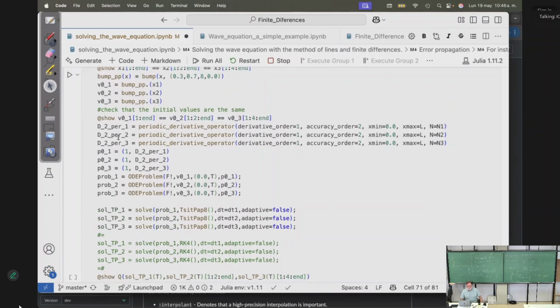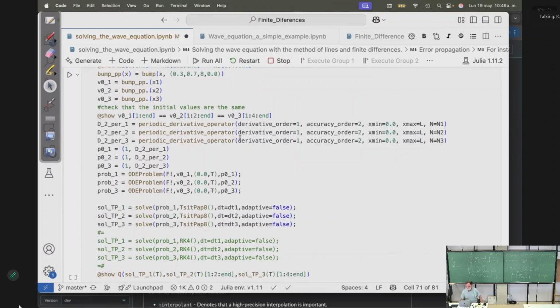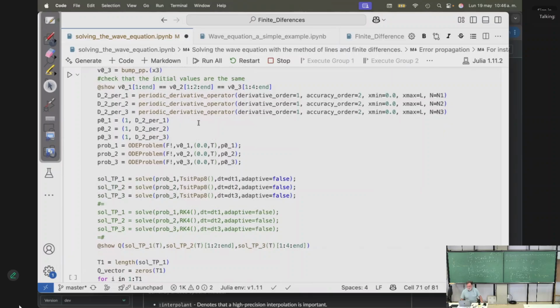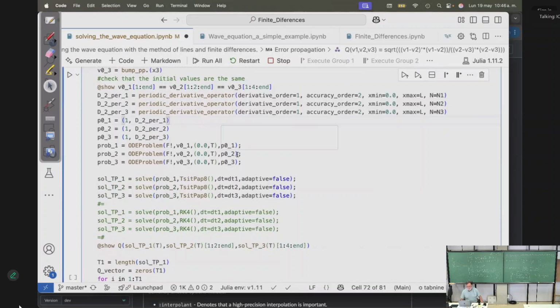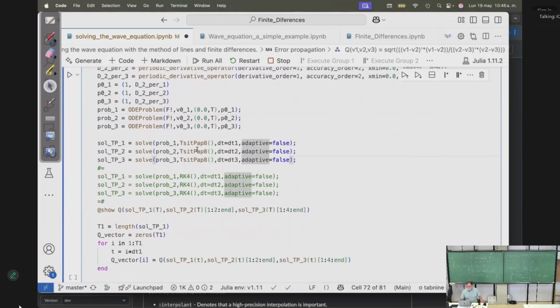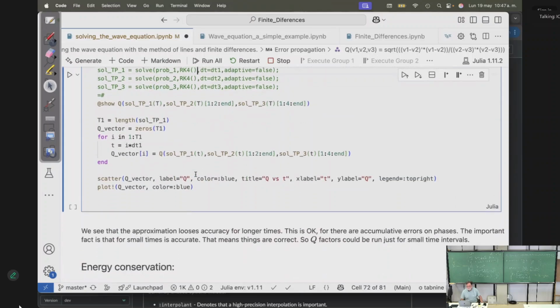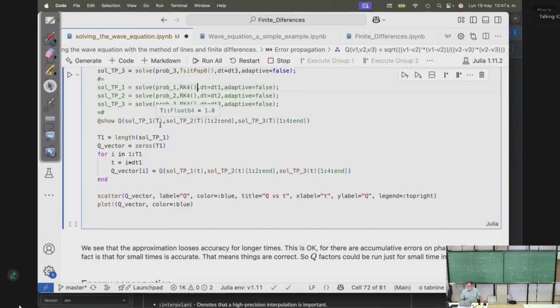We create the periodic derivative operator with this number of points, we create the parameters, we create the problems, we solve the problems with the shift. Here you can solve with Runge-Kutta, and then we compute the Q at the end, this value here, and then we plot the Q for all times.